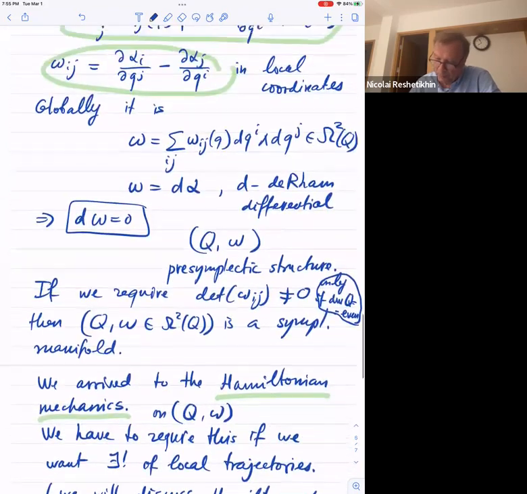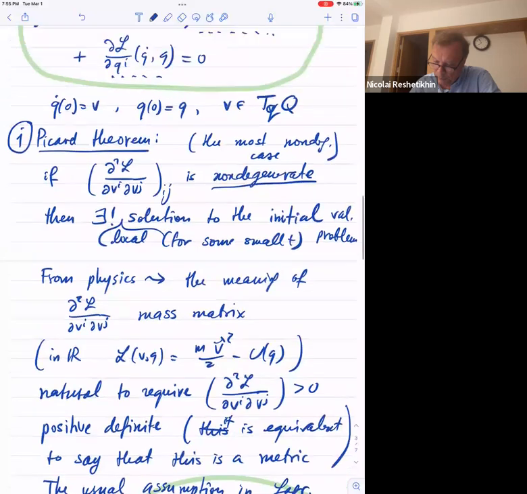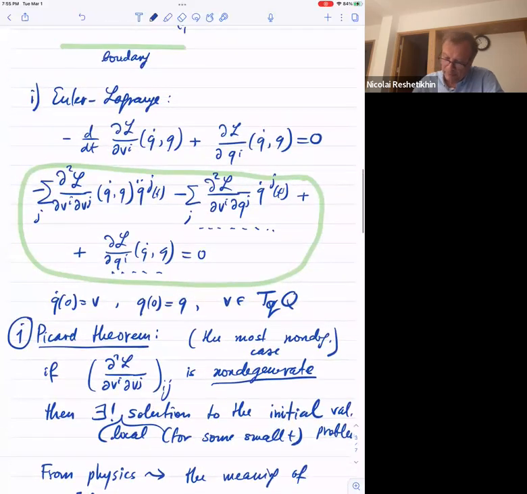All right, so where did we stop? We have the Euler-Lagrange equations. So now with all our assumptions, this matrix is non-degenerate. So there are local solutions.